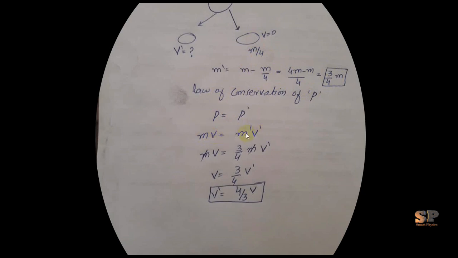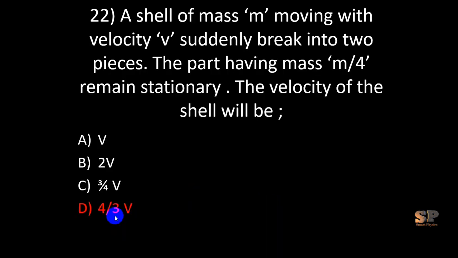Now we put the value of m dash which is 3 by 4 m. m will be cancelled with this m and v will be equal to 3 over 4 v dash. Now v dash will be equal to 4 over 3 v. The velocity of this piece will be equal to 4 over 3 v. लिहाजा हमारे पास दुरुस्त ऑप्शन डी है विच इज 4 over 3 v.